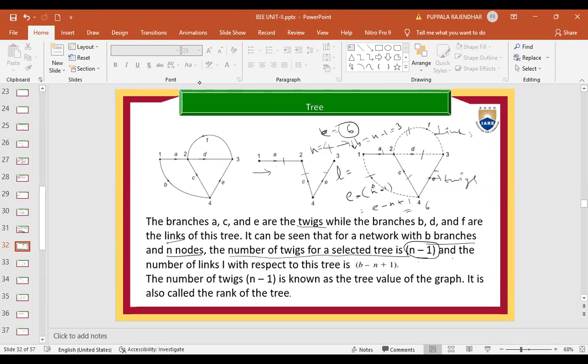So e is 6, n minus 1 is 3, so we will get 3 links here: 1, 2, 3.